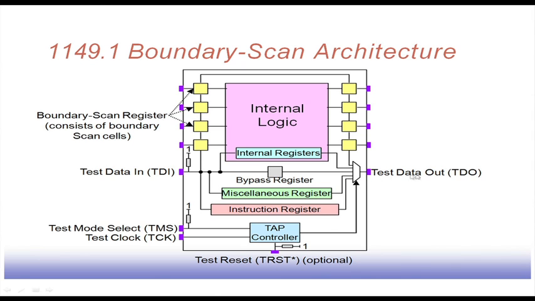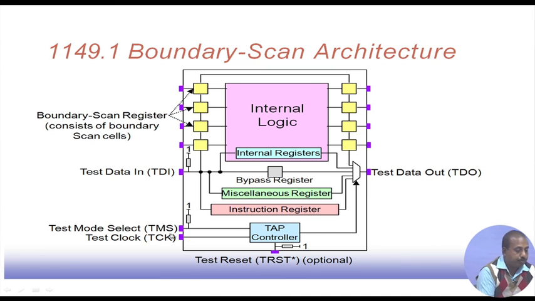Similarly, this test data output can get input from the internal registers, from this boundary scan chain, from this bypass register, from these miscellaneous registers, or from this instruction register. And there is a test access port controller, the TAP controller, which will be giving commands to this test data output to select one of these inputs.